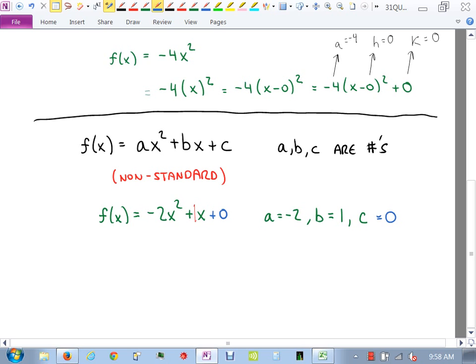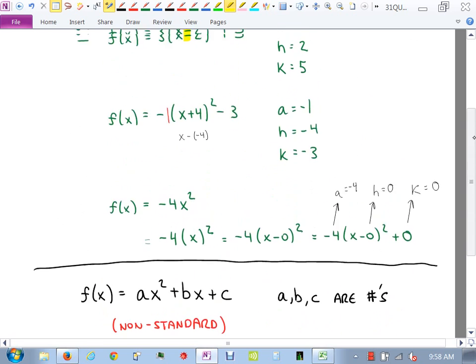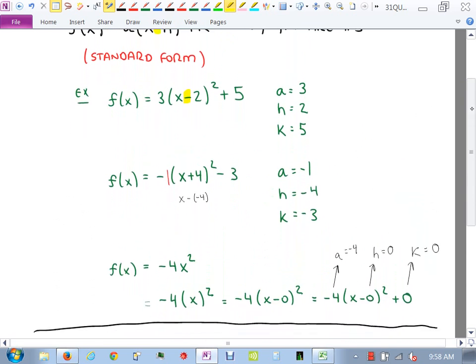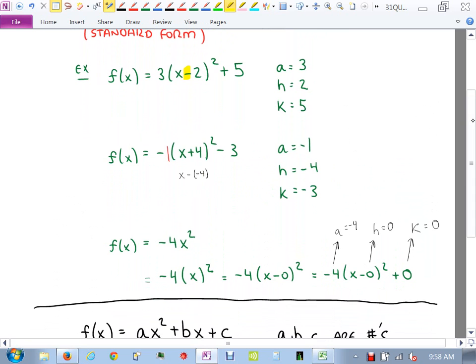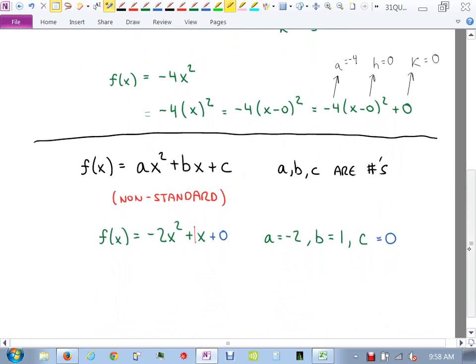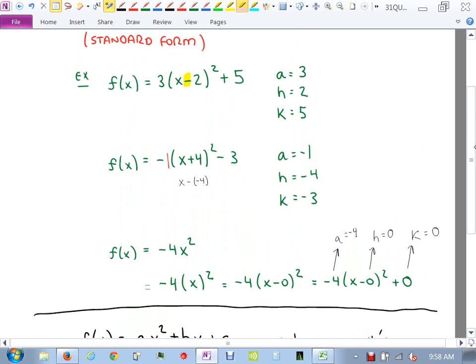Why is this not like the previous form? What's the major difference between this one and the one before? There's something fundamentally different between all three of those examples and this one right here. It's this term right here with the x in it. See that x by itself? Look back at all the others that I just did.